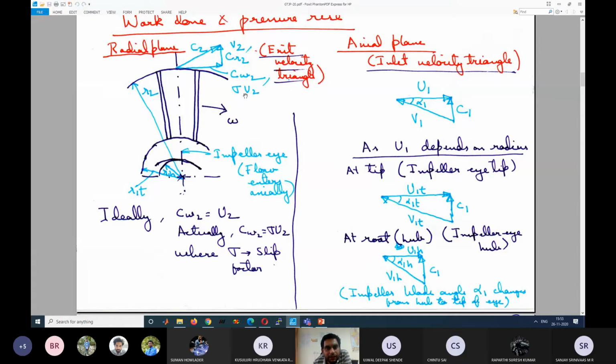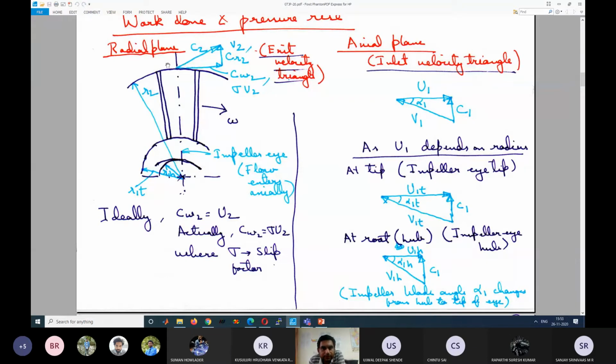Now 1, 2 denotes the intake: 1 is the intake and 2 is the outlet. And R and W denote the radial component and the wheel component. Wheel means along the rotational direction, radial means along the radius direction. Okay, radial direction. Is it clear?